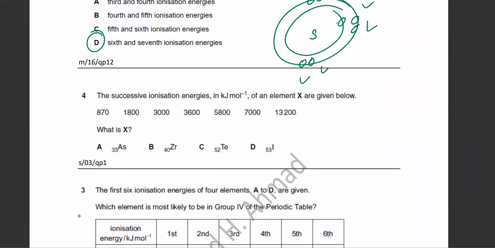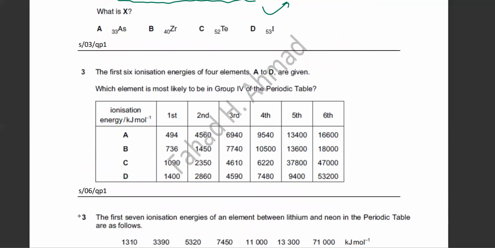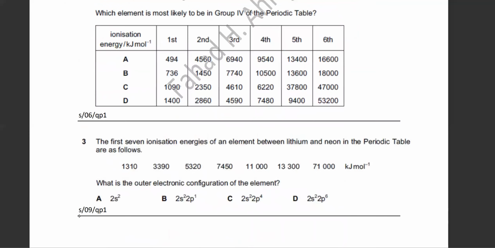For the successive ionization energies, which group is this in? Group 6. So removing these electrons is easy, and all of a sudden there's a jump. That means these are outer electrons, and that's in group 6. So you can just open the periodic table and have a look at which one is in group 6. Which one out of these is in group 4?